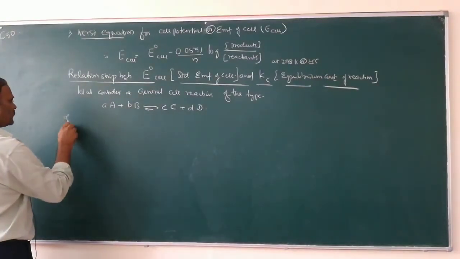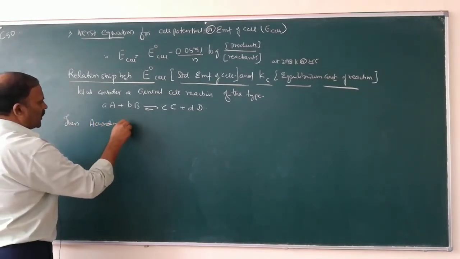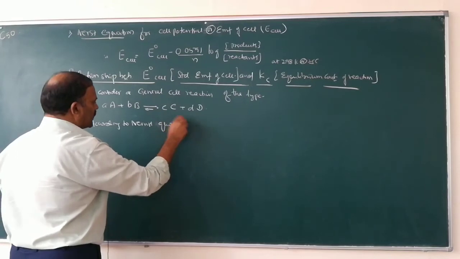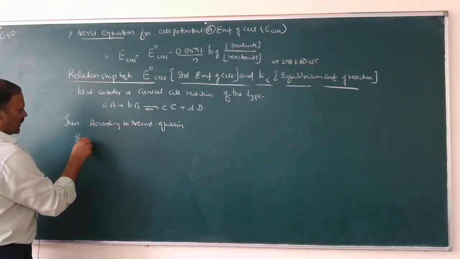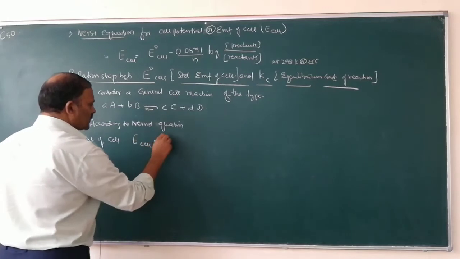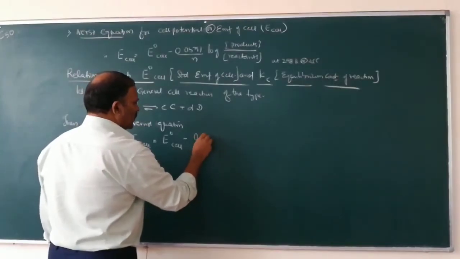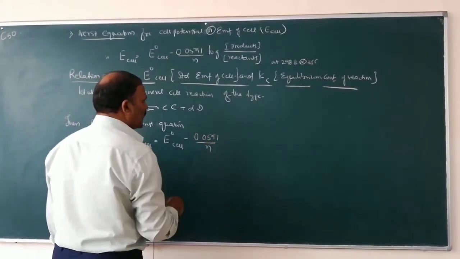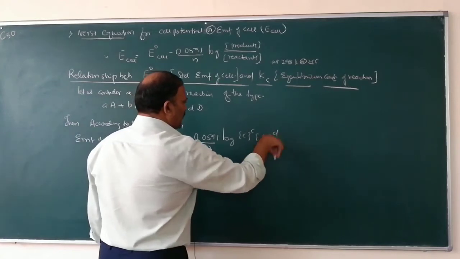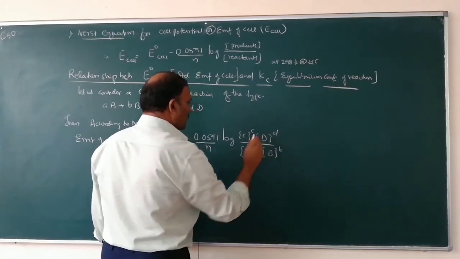Then according to the Nernst equation, EMF of the cell, that is E cell, equals E naught cell minus 0.0591 divided by n log of concentration of C to the power c, concentration of D to the power d, divided by concentration of A to the power a, concentration of B to the power b.